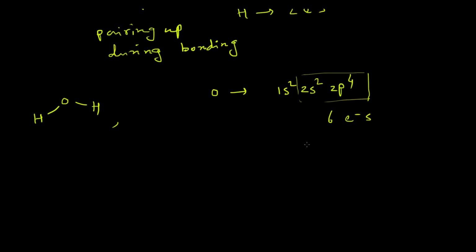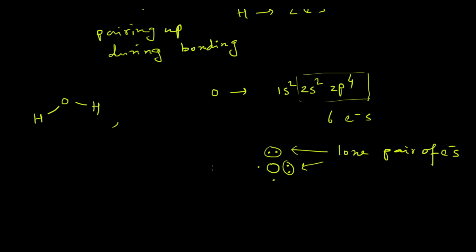If you put these 6 electrons around oxygen, you can see that only 2 electrons will remain unpaired, and the other 4 electrons will be paired up and form 2 lone pairs of electrons. That is, they will never participate in any kind of bonding, and that's why they are called unshared electron pairs or lone pairs of electrons.